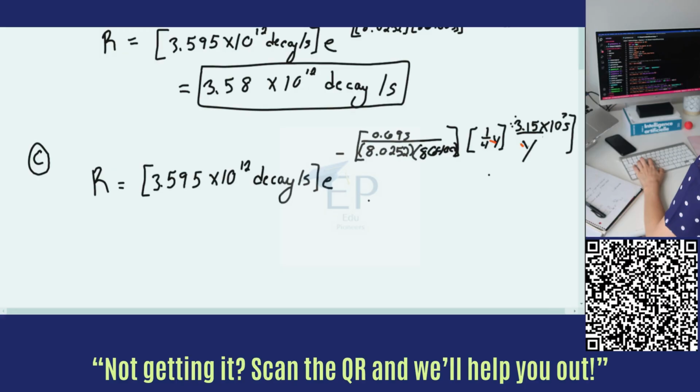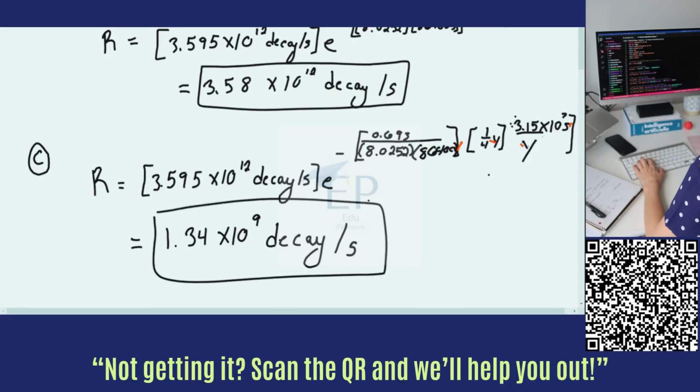And with all that conversion, we should receive 1.34 times 10 to the 9 decays per second. Okay, and that's your answer for C.